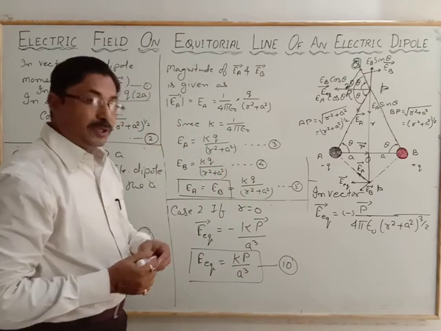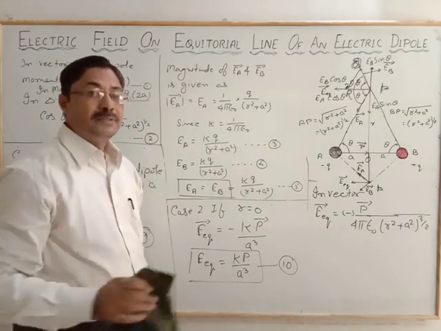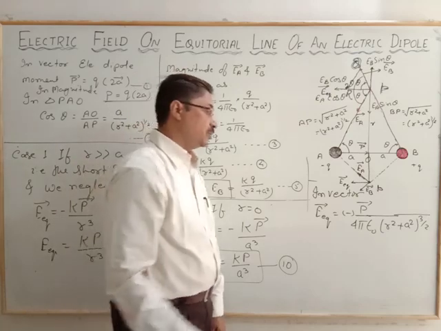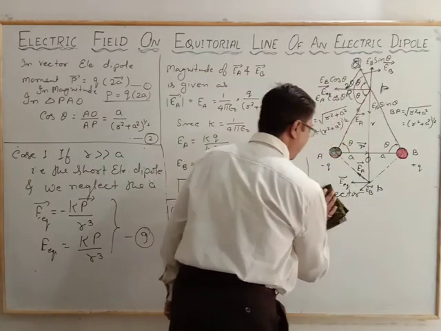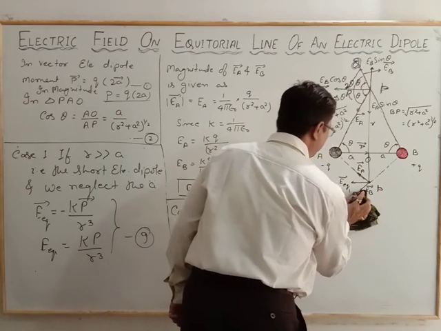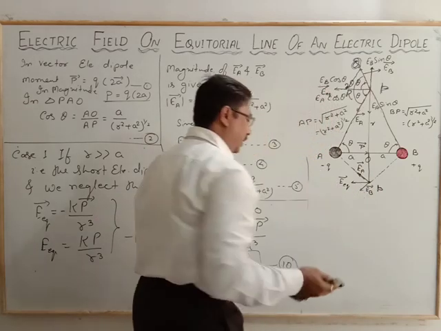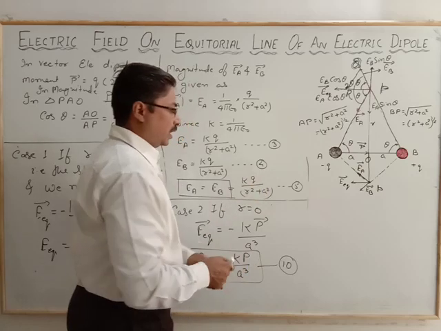Now we have one more relation, between the axial point and the equatorial. We have calculated the expression for the axis, and now we come to the conclusion.